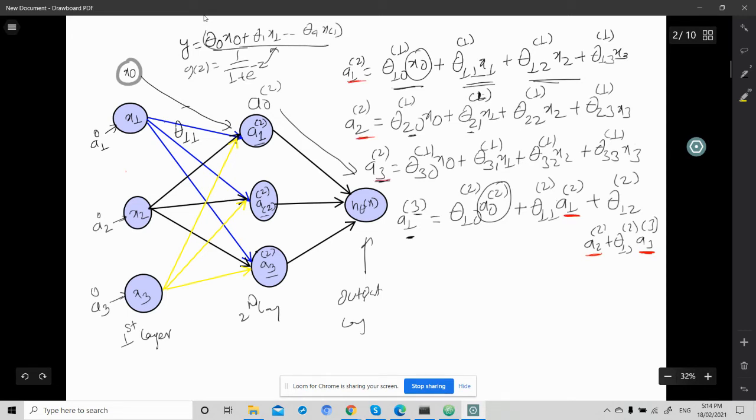Whatever the output of my second layer becomes the input of my third layer.